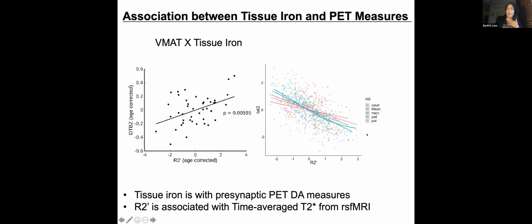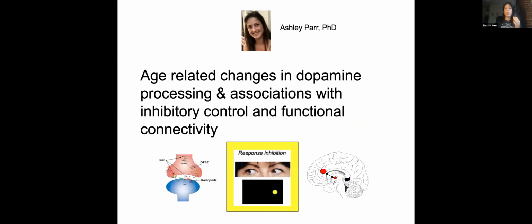There's a very nice association between this quantitative, direct measure of tissue iron and the T2* that you get from these things you already have in your data. So now you can go back and mine all your old data. You can look at big data sets and start extracting this sort of information. So that's what we've been doing.